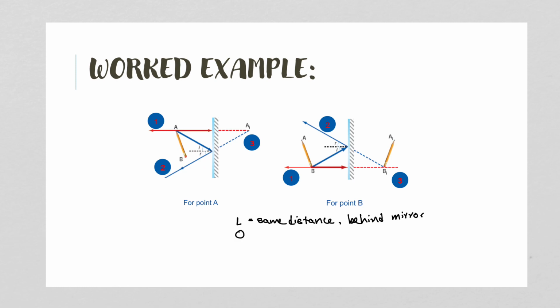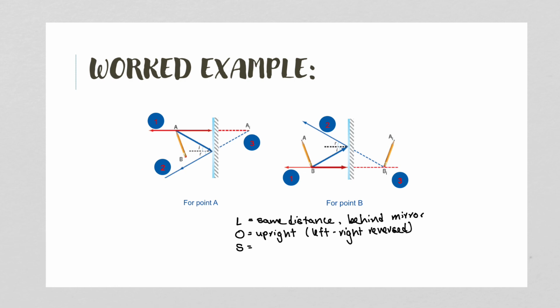The orientation is upright, but it's left-right reversed. That's why when you look in a mirror, if you have some writing on your shirt, it'll be backwards, because it's still upright, but it's reversed left to right.